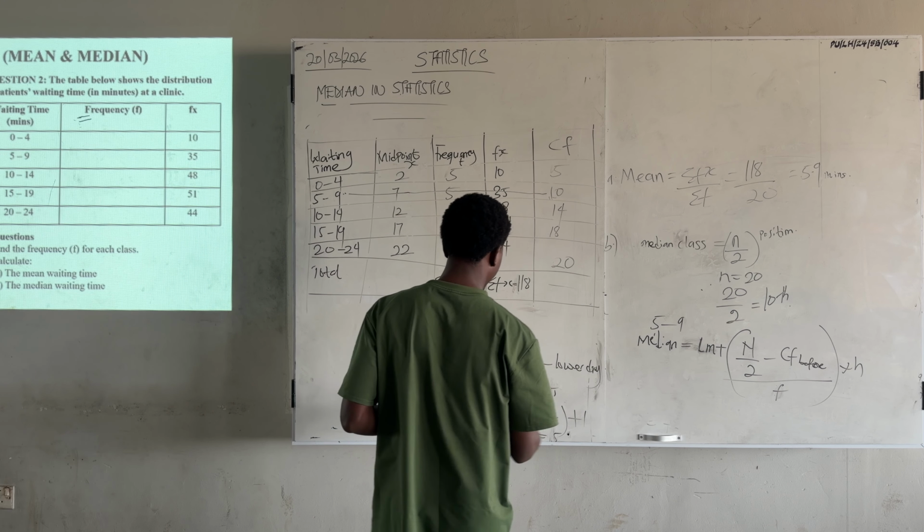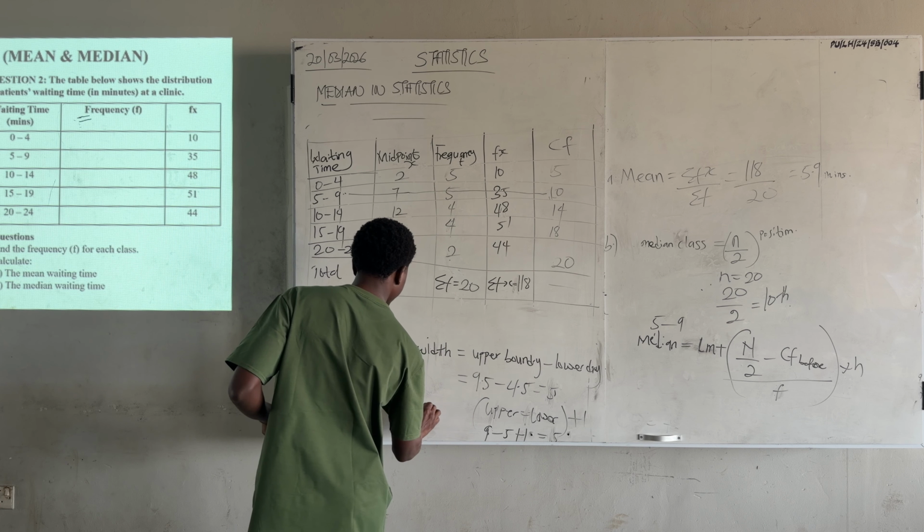So now we have our width, that is our h, which is 5.